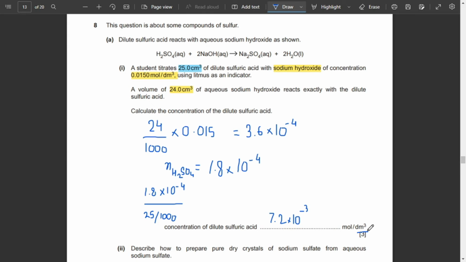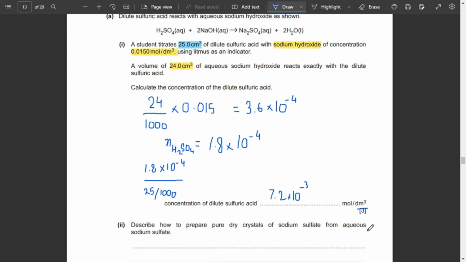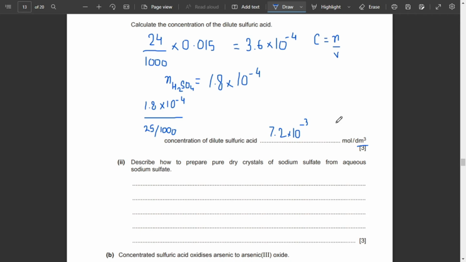You'll get the answer 7.2 times 10 to the power minus 3. This is how we solve this question. I'm writing the formula over here, that is C equals n upon V. This is the formula that I have used throughout the question.